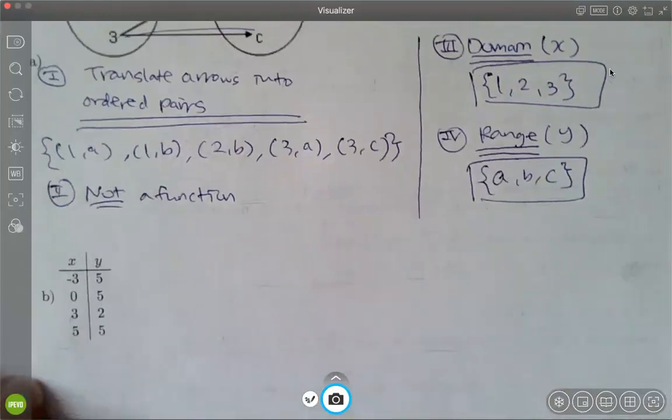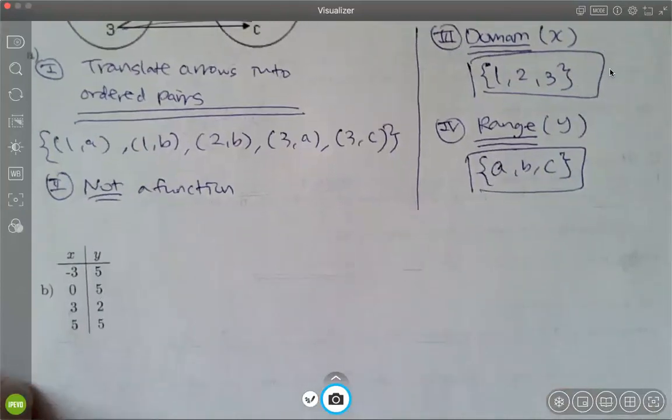And now part B. Now instead of a picture, we have a table of X and Y values. Is that a problem? Not really. Can you translate this table into the relation, the ordered pairs? What do you have to do here in order to translate?